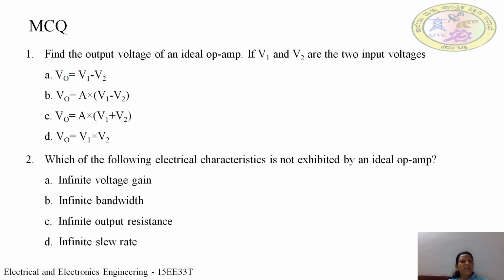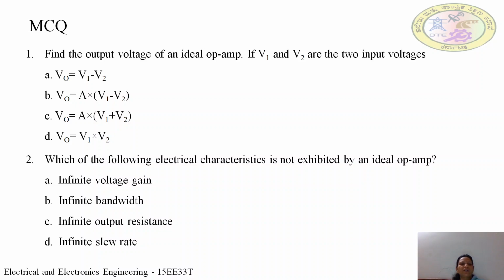We know that the output voltage is the product of the voltage gain and the difference in the input voltages. So option B, V out is equal to A, the open loop voltage gain, into V1 minus V2, the difference of the two input voltages. So option B is the right answer.